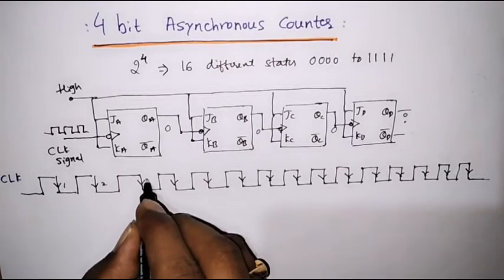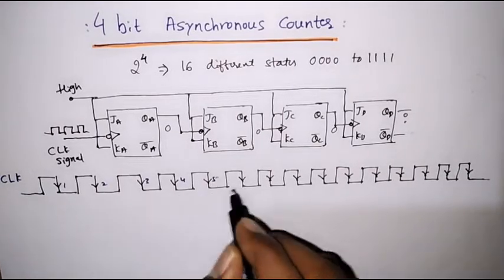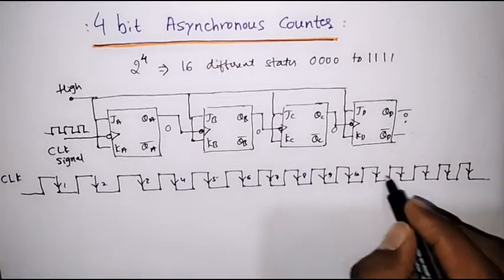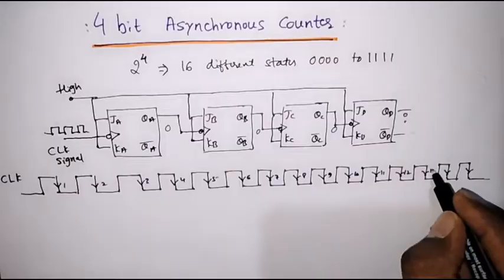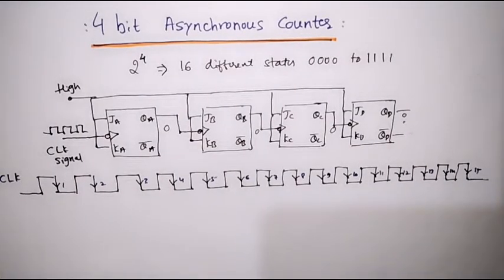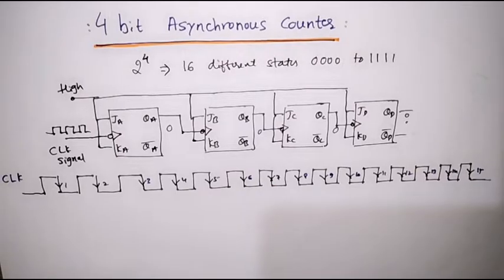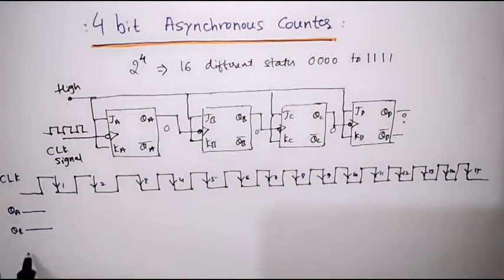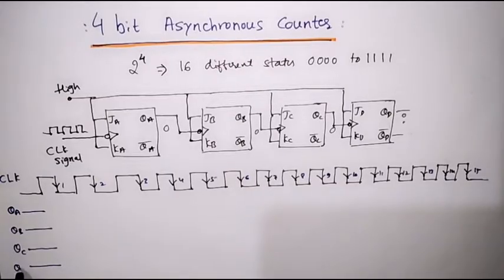This is second, this is third, this is fourth one, fifth one, sixth one, seventh one, 8, 9, 10, 11, 12, 13, 14 and 15. Let this be QA output, QB output, QC, and we have QD.